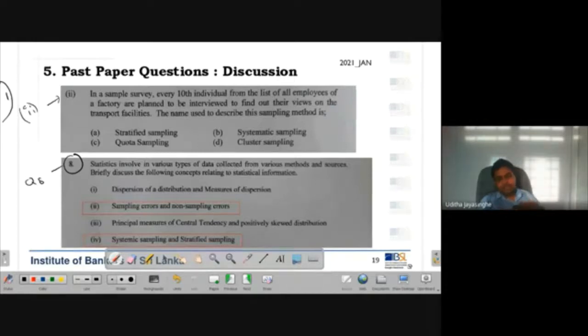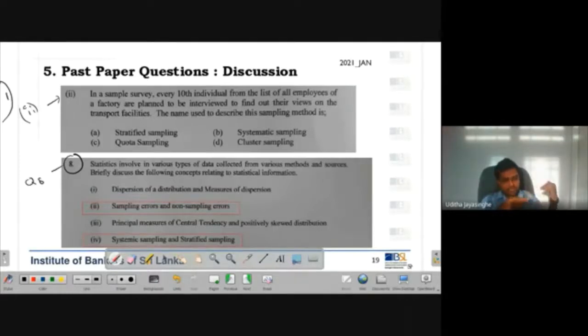For this part number 2, what I will do is cluster my answer into half a page, or maybe a maximum of a quarter of a page, and put up some headings: sampling and population, and then possible issues with sampling.